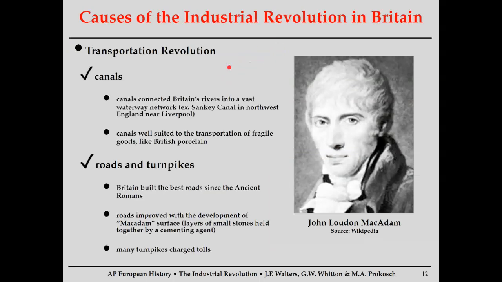Okay, so additional causes. These aren't going to be crazily important, but roads do matter, folks. If you're going to be transporting your goods, you want to make sure your goods don't get broken, and having stable, not super bumpy roads is important. So Britain actually starts making the best roads since the Roman Empire.